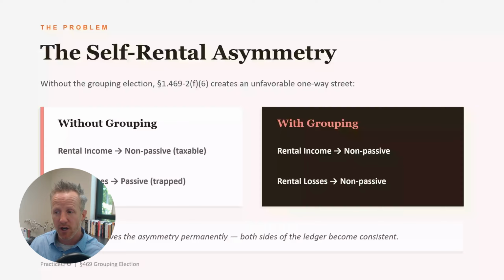Now, the other way is not true. So let's go with the same scenario and just reverse where the income and losses are. If your duplex is running a positive $10,000 taxable income on your Schedule E, page 1, and then your building has a $10,000 loss, guess what?